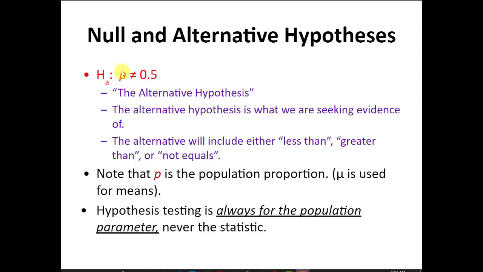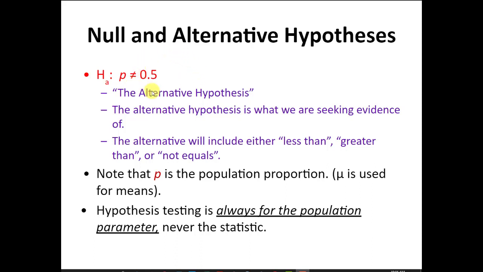If it's a proportion, it's going to be a P, and it's going to be a mu if they're talking about the population means. The symbol that comes afterwards is going to be either a not equal to sign, which is this thing right here, a greater than sign, or a less than sign, depending on what you're testing.